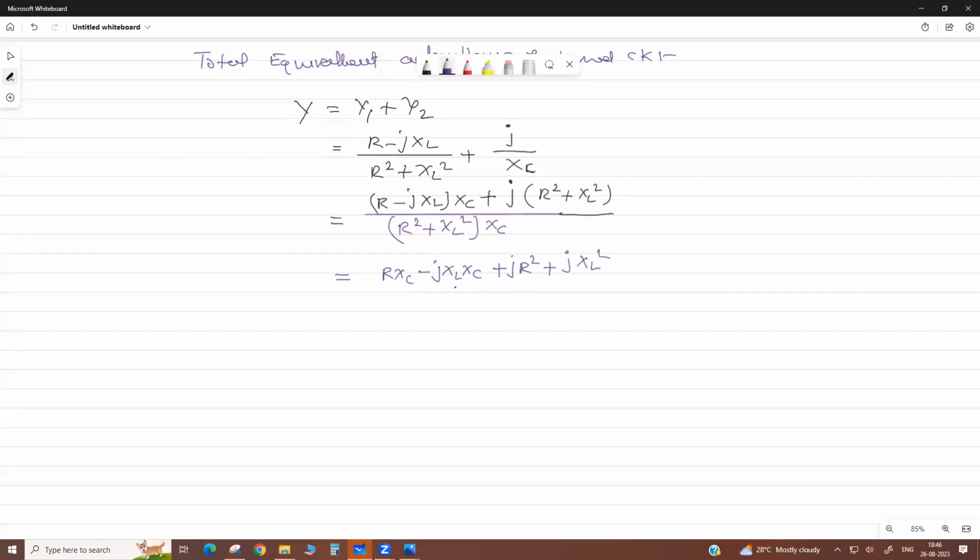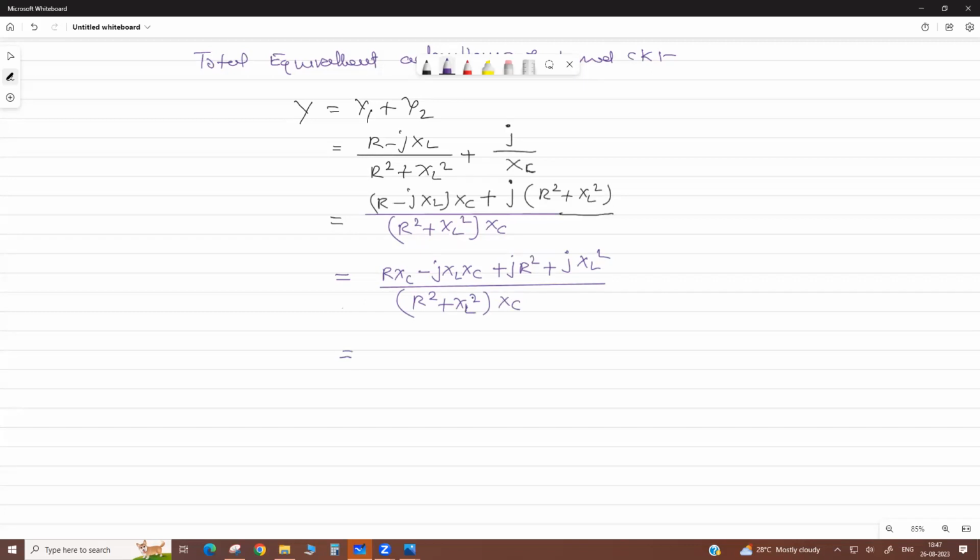Now the J part is this, and the total is J times (R square plus XL square) into XC. Okay.